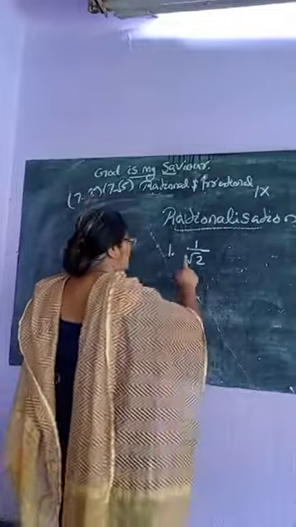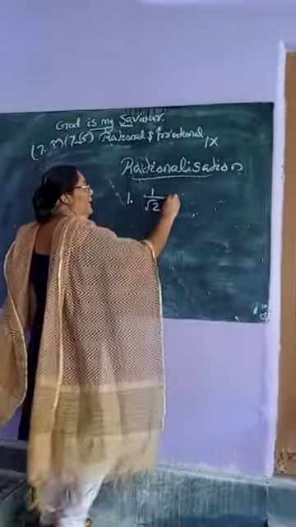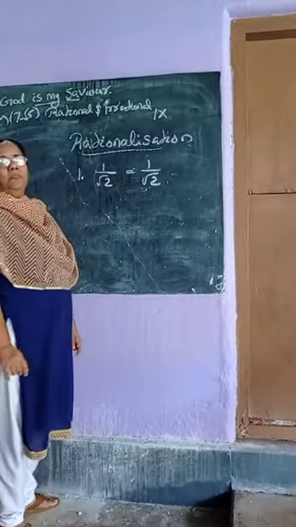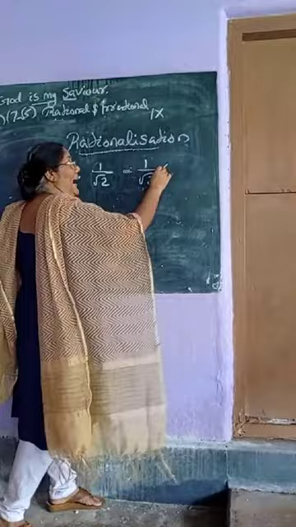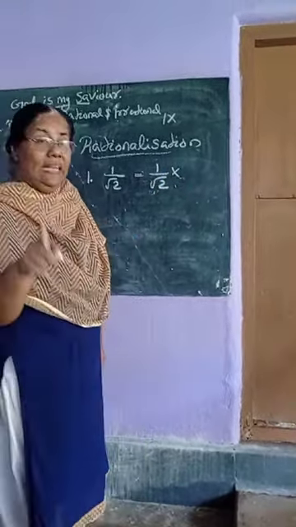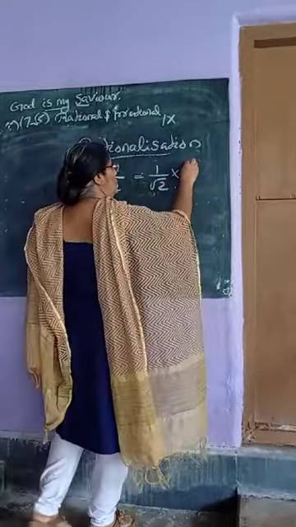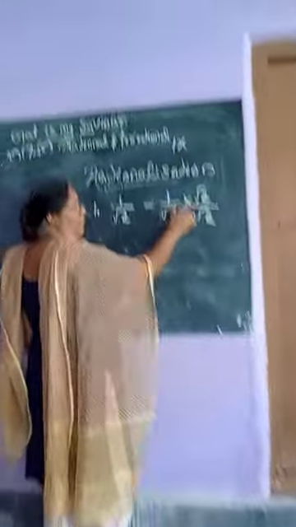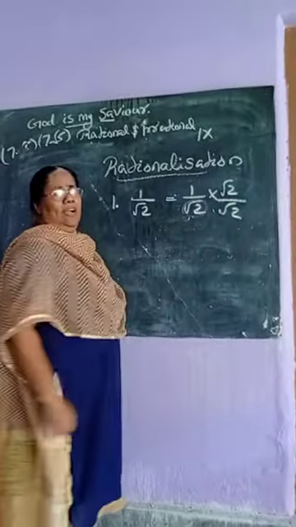For that, this is the question. Question number 1 is 1 by root 2. Then again you copy that 1 by root 2. Agree? Then multiply and divide by root 2 by root 2. Here the number is root 2, therefore multiply and divide.